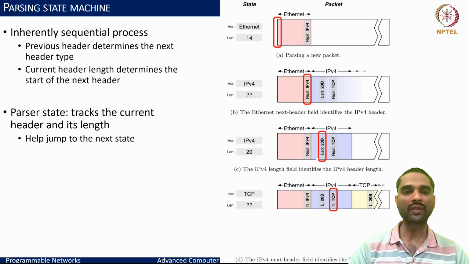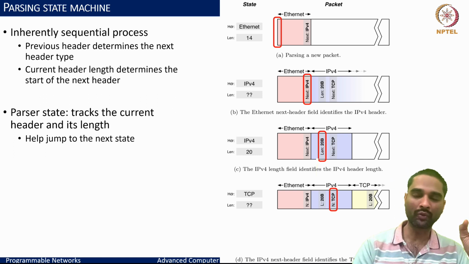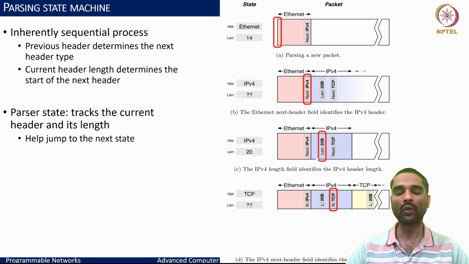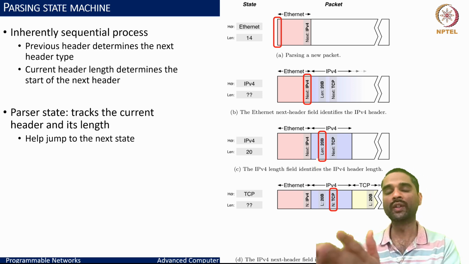So this parsing mechanism is inherently sequential, because you have to start with the base header Ethernet and then look up what are the next subsequent headers and start catching up on them. But the current header length in a way determines where the start of the next header is that you are really looking for.